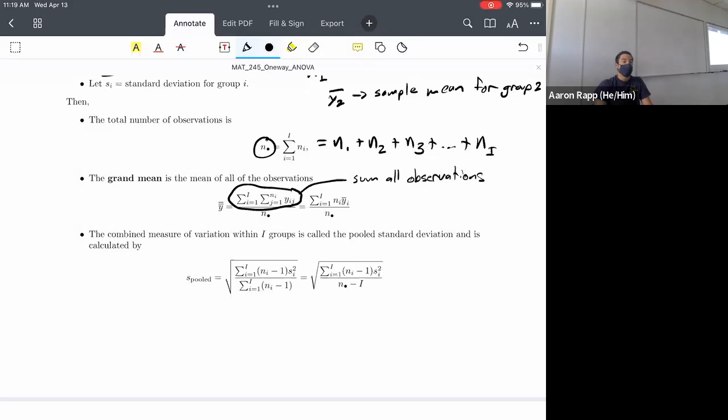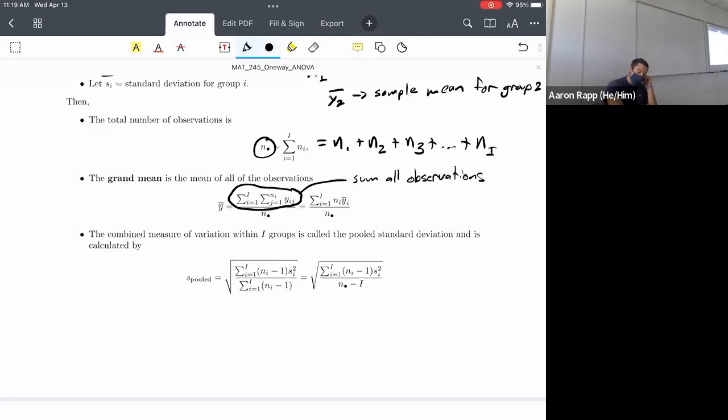So this grand mean is still the same concept of what we're expecting for a mean. Add up all of your observations and divide by the total number of observations that you have. It's buried in this math notation, right? Looking at this double summation can be intimidating when you first see it. But all it is telling me is to add up all observations and then divide by the total number of observations that we have.